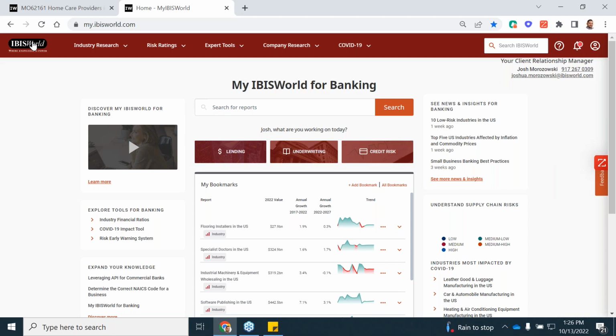Certainly in today's world, differentiation across the banks is something that's been a focus, and becoming more of a trusted advisor, being able to deliver value-added information and take a consultative approach has been a major focus from all the conversations that I've had over the last few years.